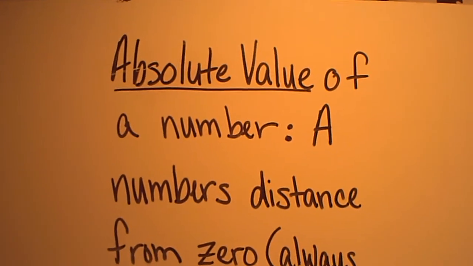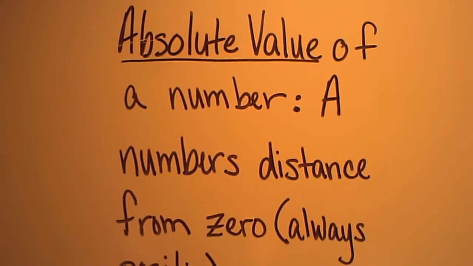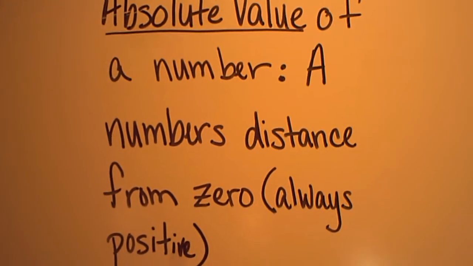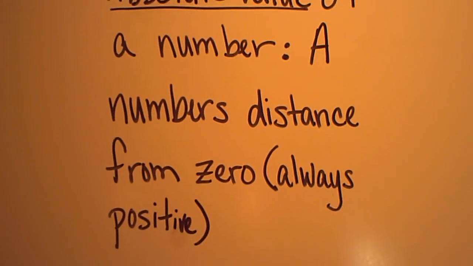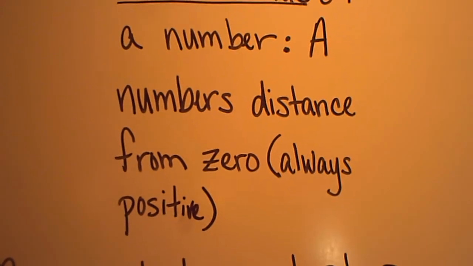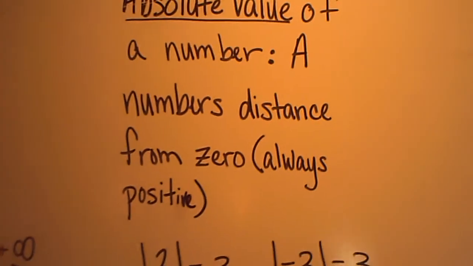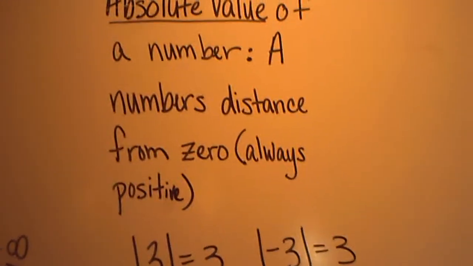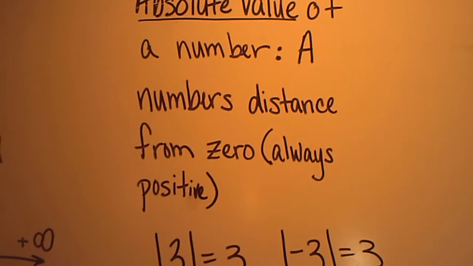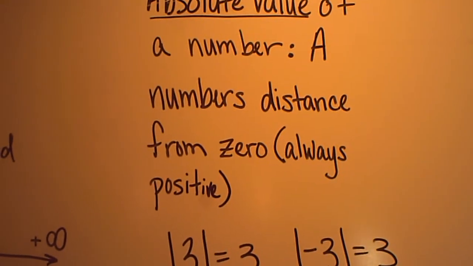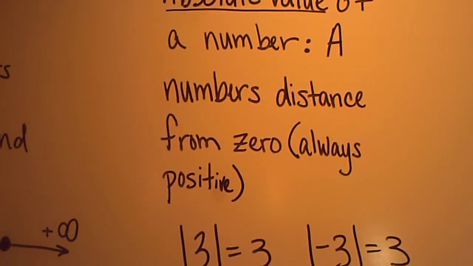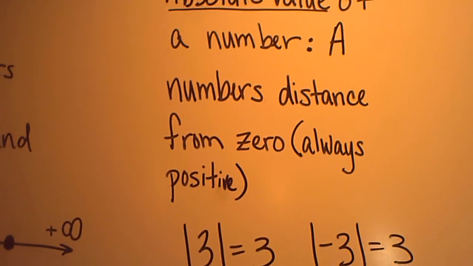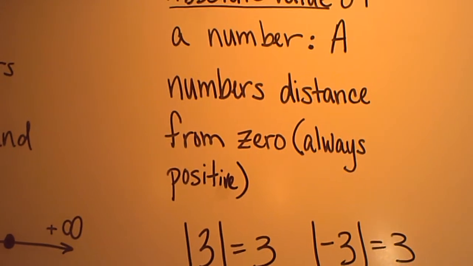We're talking about what the absolute value of a number is. A number's distance from 0 is what a number's absolute value is. An absolute value is always positive, because it's a distance. For instance, if we think about Chardon Middle School and we're facing Chardon Middle School from the street, we could say that anything to the right of Chardon Middle School is a positive number.